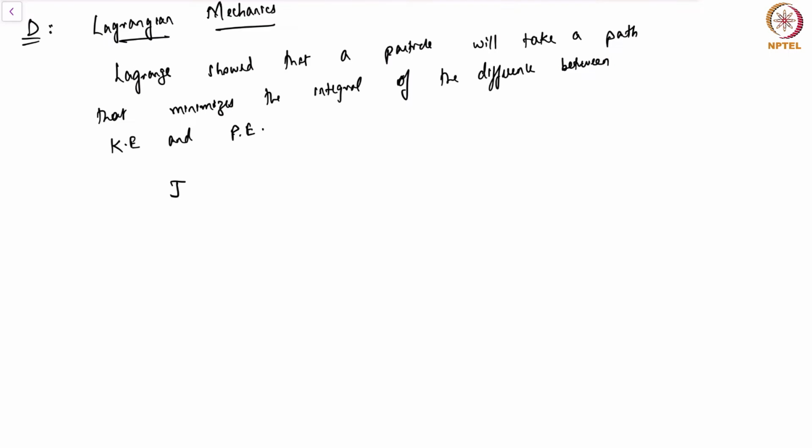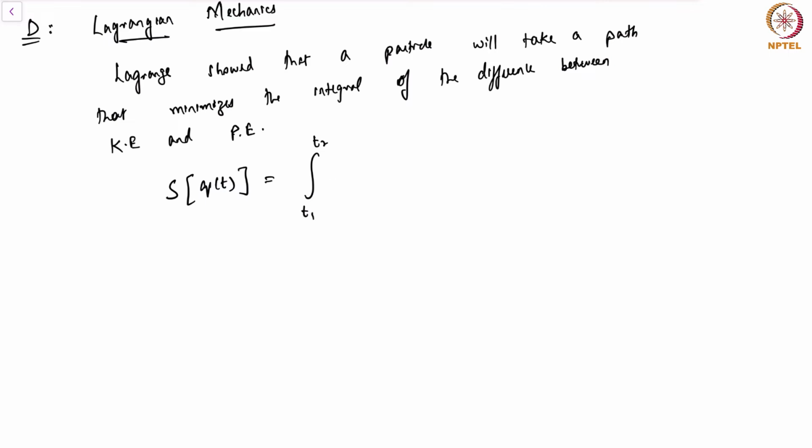So in other words, the problem is as follows. Maybe I'll write it this way. We have q of t, going from, let's say, t1 to t2. You want to minimize this quantity.